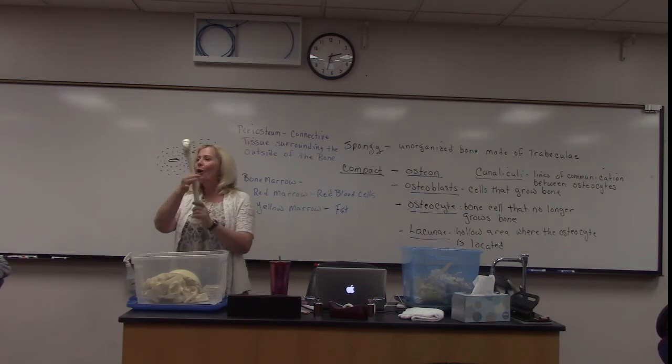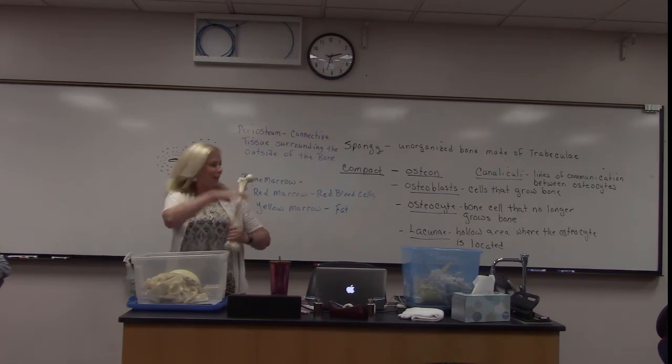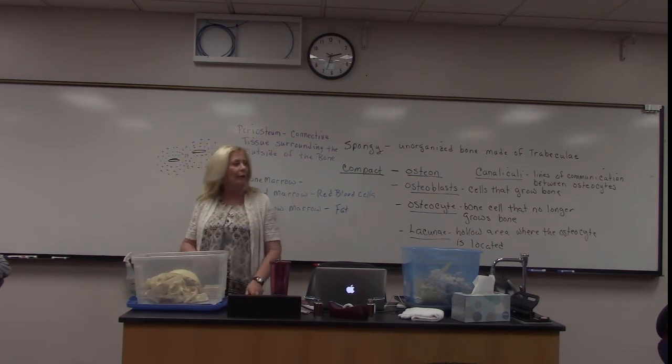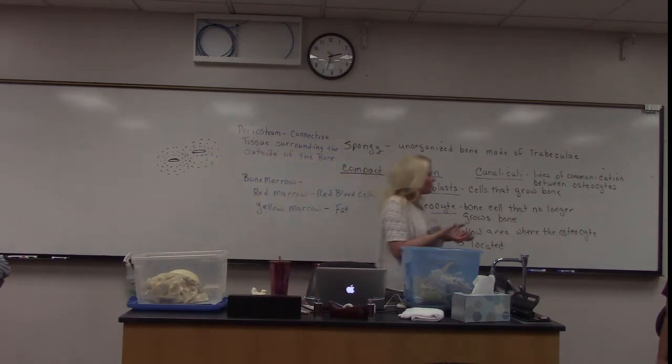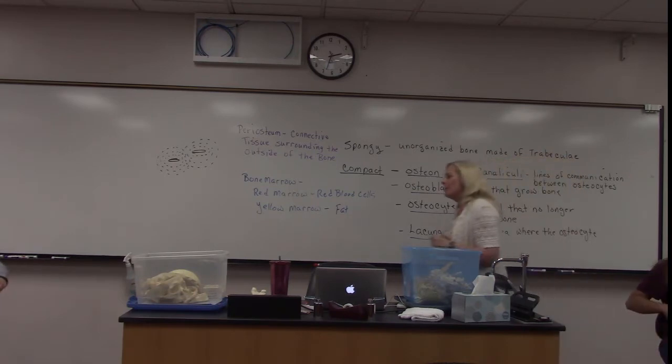You'll have like this collar of bone sticking out all the way around to really make sure that that break is nice and hard. So it's really hard to break a bone where you already have broken a bone because it's actually thicker and stronger than you started out with. But the periosteum is really there to hold on to those stem cells so that whenever we break that bone, we have the ability to fix it.